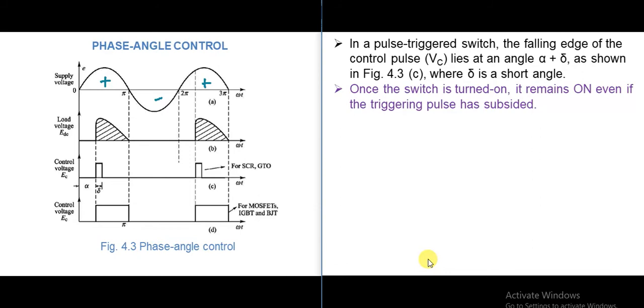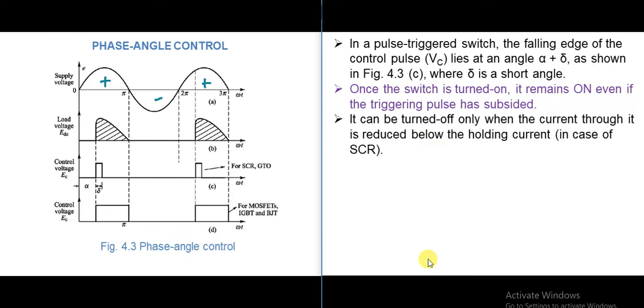Once the switch is turned on, it remains on even if the triggering pulse has subsided. It can be turned off only when the current through it is reduced below the holding current. How will the SCR turn off?